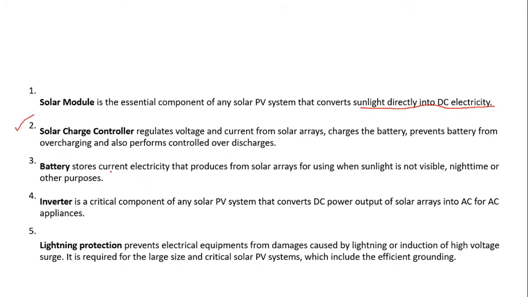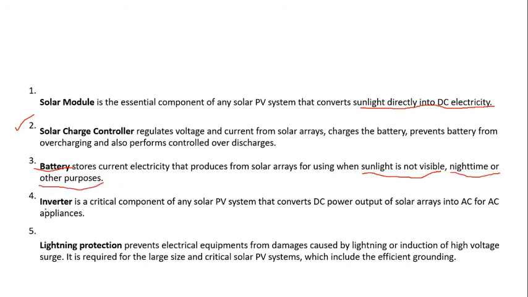Next one is the battery source. The battery stores the electricity produced from the solar array for use when sunlight is not available. So whenever sunlight is not available, we can use the battery to supply our load, at night time or other purposes, or we can say in the monsoon season we can also use our battery system.